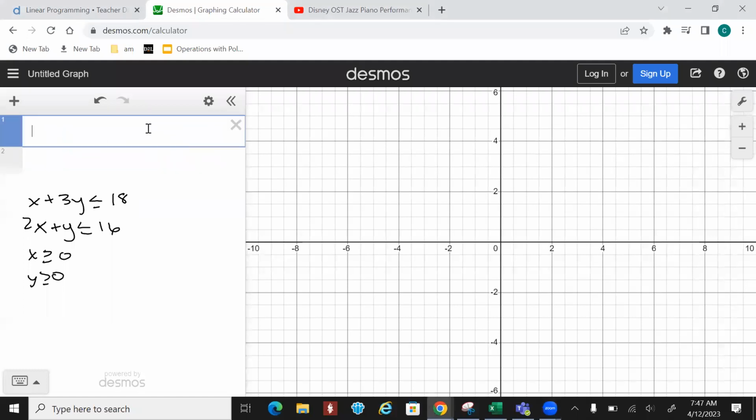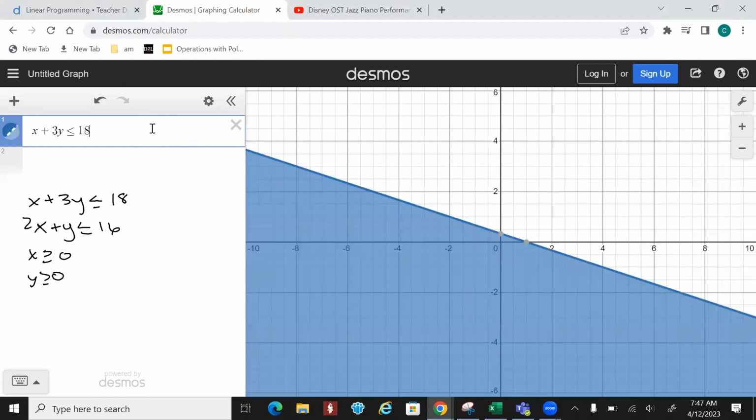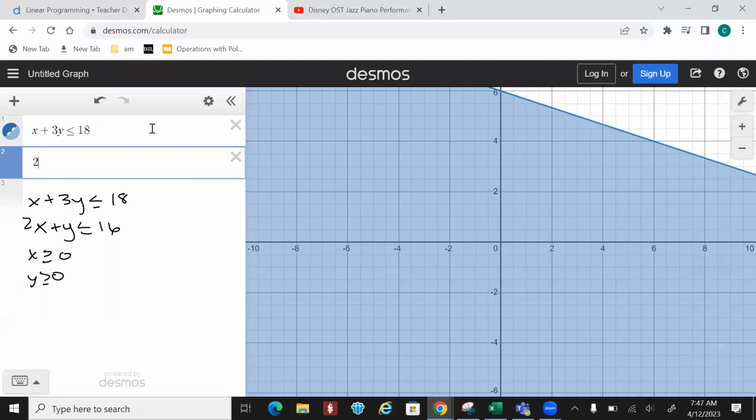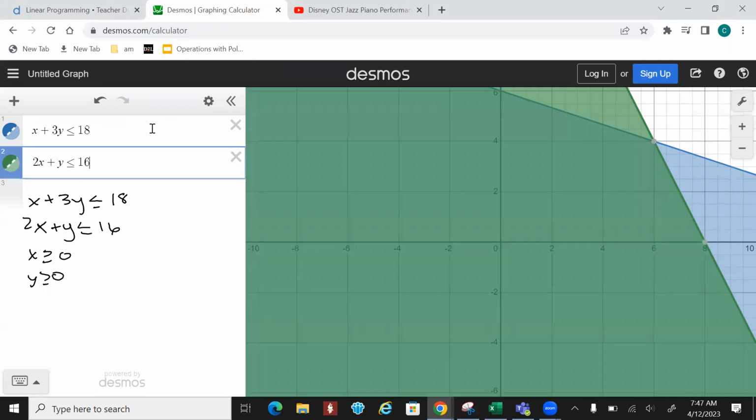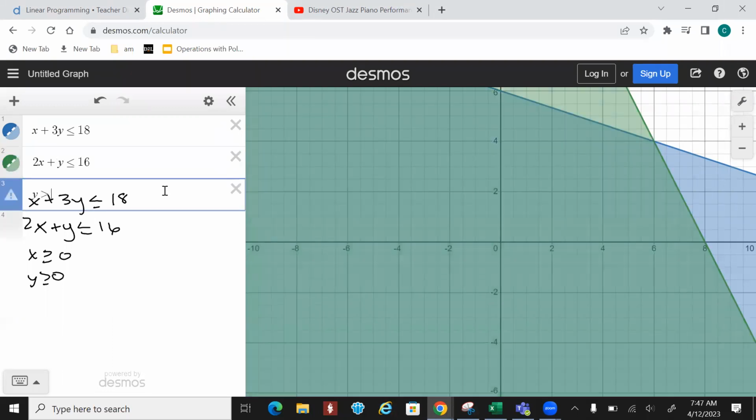Okay, so if I take all my inequalities and I type them in, you're going to get something that looks like this. I personally don't like to put the x is greater than or equal to 0 and y is greater than or equal to 0, but I'm going to do it just to show you.